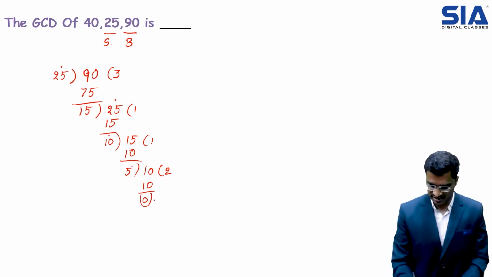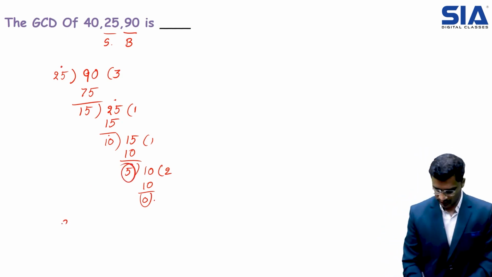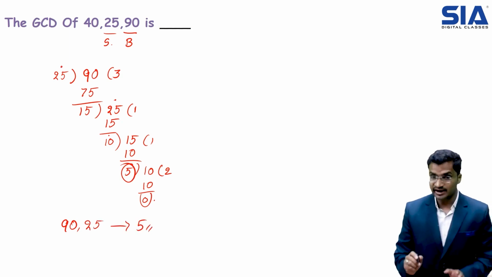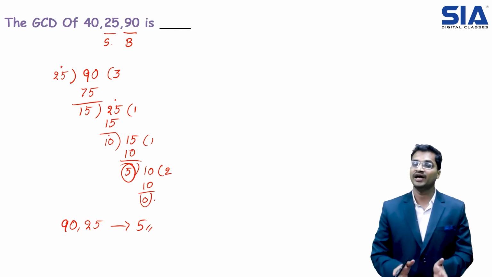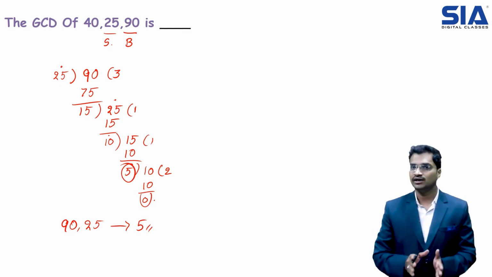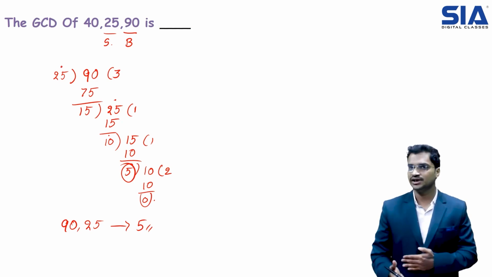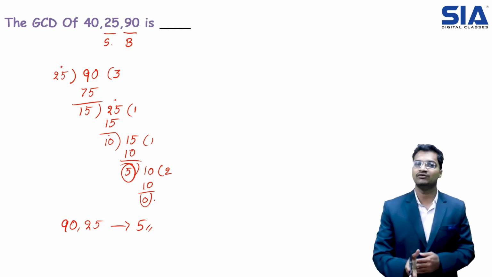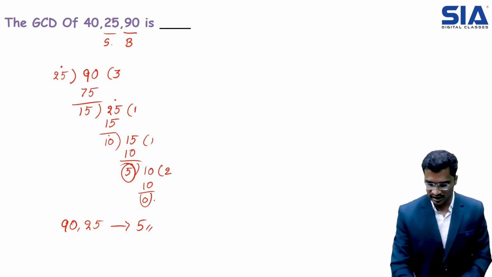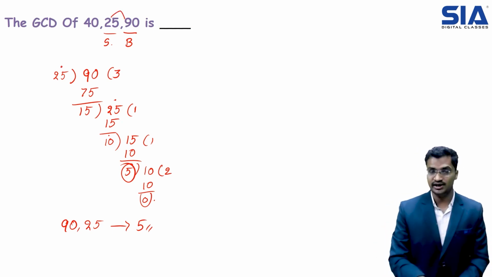I can say that the HCF of 90 and 25 is 5. But I cannot say whether it is the HCF of 90, 25 and 40. I can only confidently say that it is the HCF of 90 and 25, as I have solved these values.